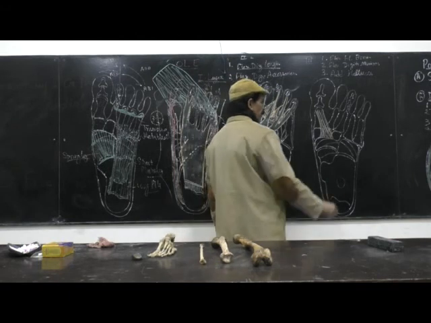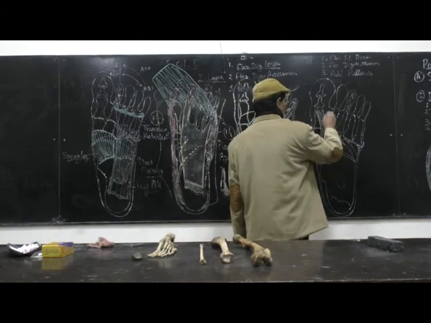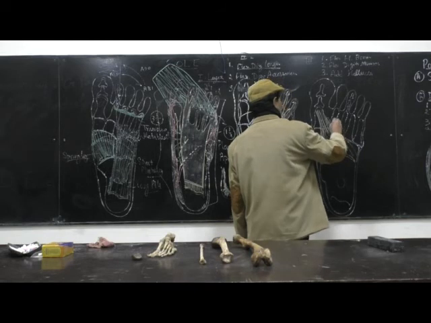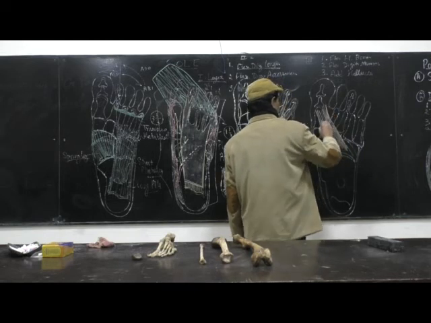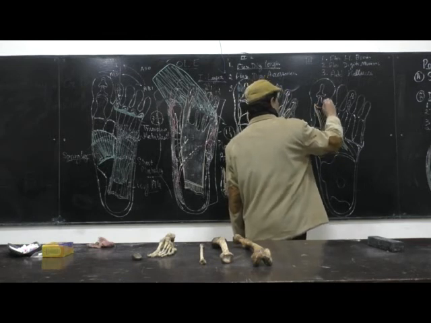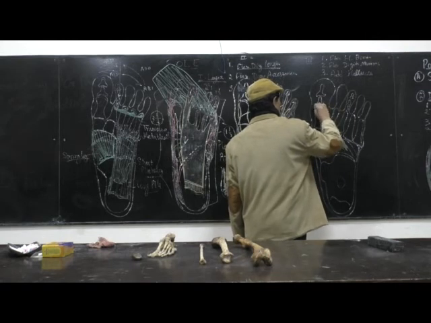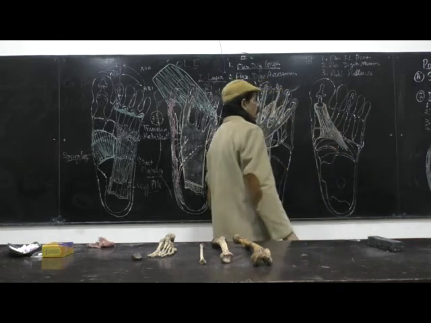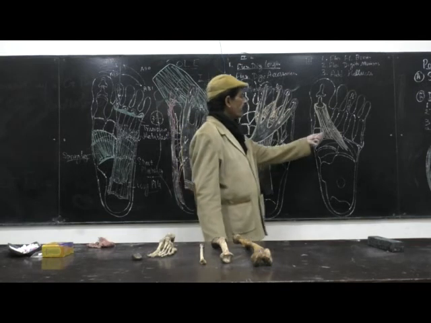The lateral head will take origin from the cuboid bone, and both the heads move toward the base of the proximal phalanx, and the tendon bifurcates into two slips. One is inserted on the medial and one on the lateral aspect of the base of the proximal phalanx. So this is the Flexor Hallucis brevis.